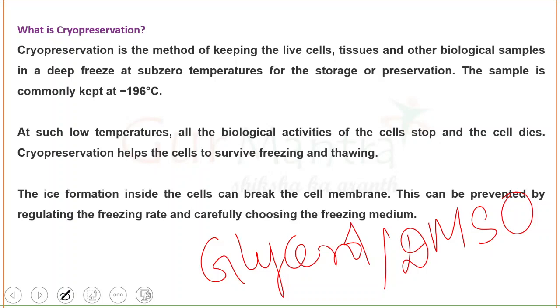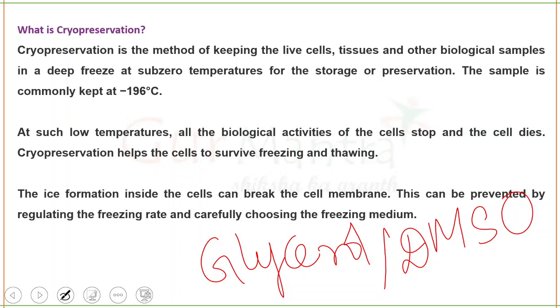If it is only water present in the medium, it will form ice crystals. Since glycerol and DMSO are very viscous in nature, their freezing point is very low. So at this rate and in this medium, your cells will be alive. They will be in a frozen state, but they will not form ice crystals at all. You have to remember these two important points in cryopreservation.